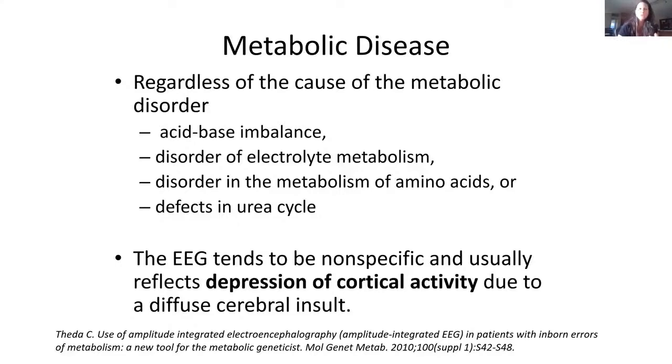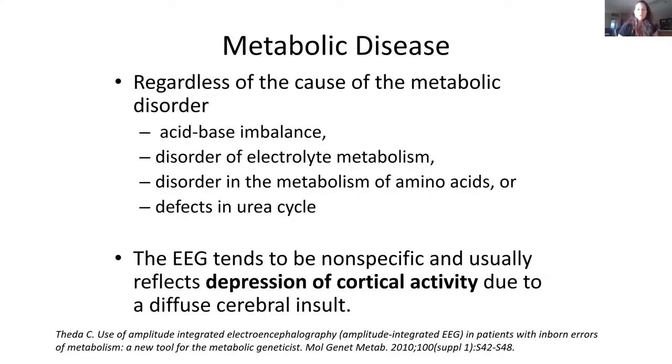And this was really a reflection, makes perfect sense, of a diffuse cerebral injury. These metabolic situations are causing an overall sick brain, which causes this overall depression of activity, matching the presentation of the baby, right?